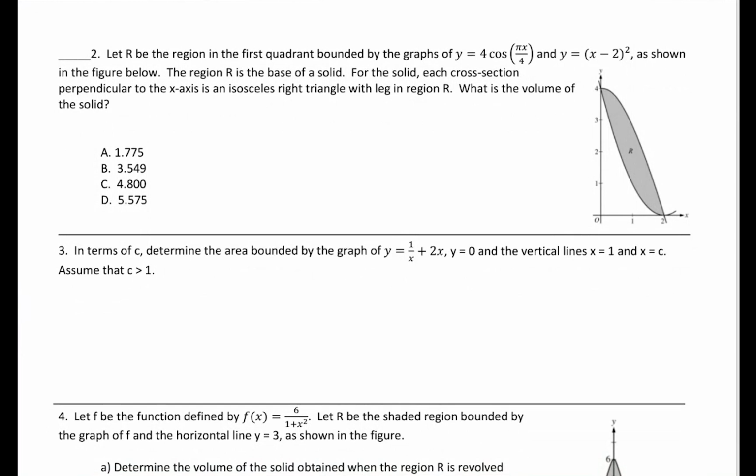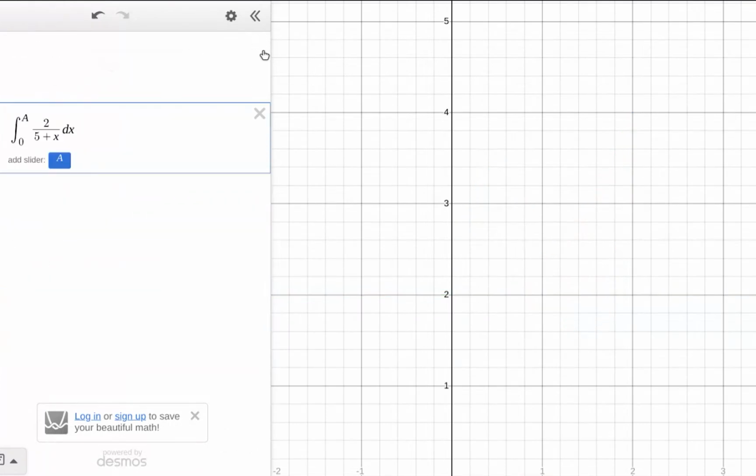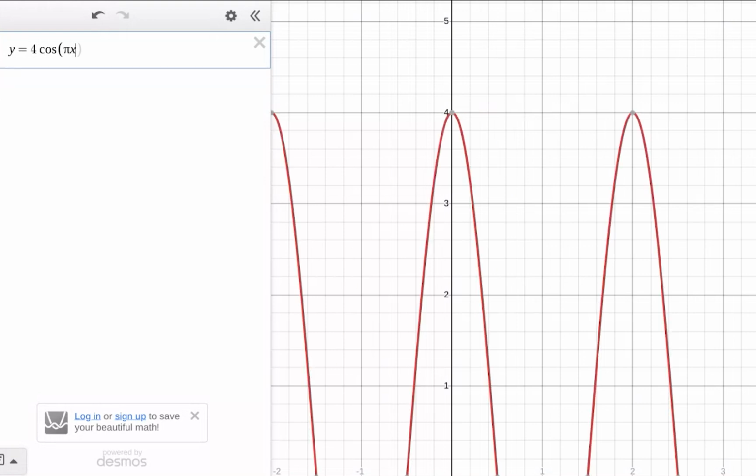So before, just like with the previous problem, I need to make sure I know for sure which function's which here. So I'm going to type both of these into Desmos. We don't need any of these anymore. Okay, the first equation was y equals 4 cosine of pi x over 4.